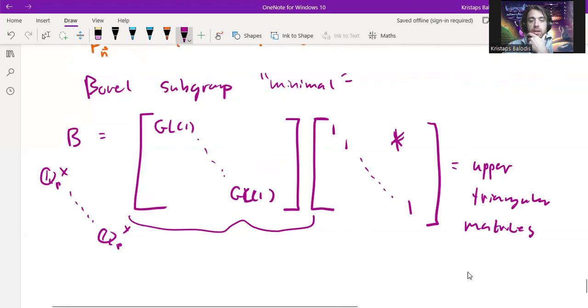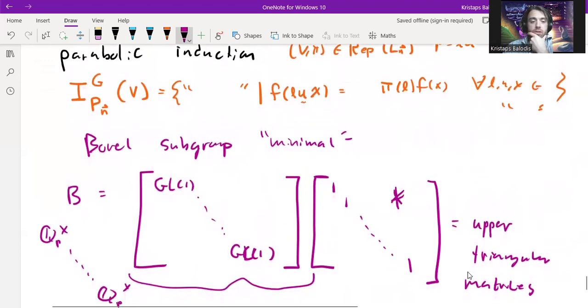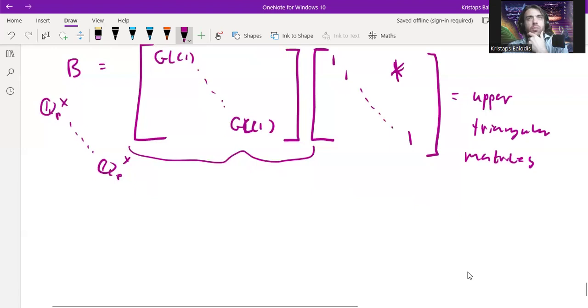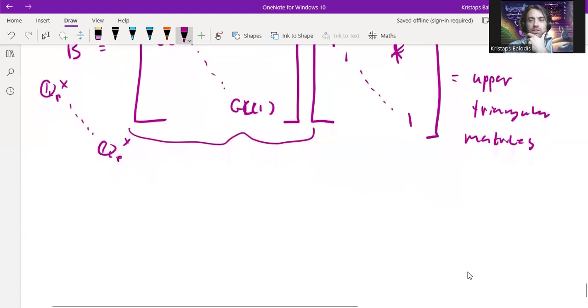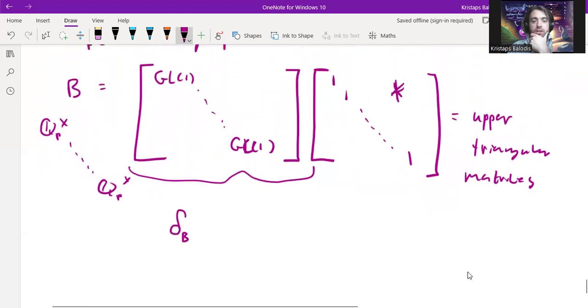Cool. And so something I want to say here. Oh yeah, it's a little more complicated than I thought. That's okay. We'll get there. The point is I'm going to define a character delta_B on these elements of my Borel subgroup.